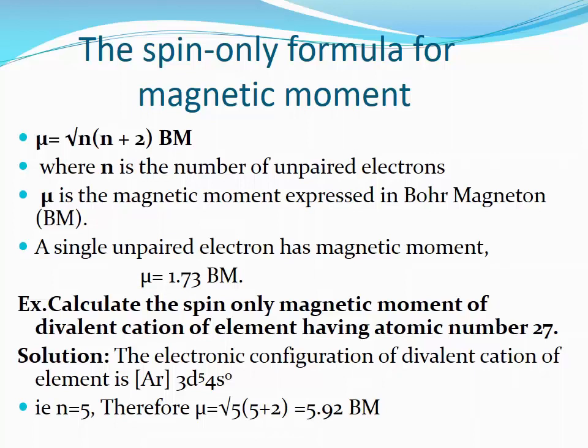The number of unpaired electrons is equal to 3, that is the value of n is equal to 3. Therefore, putting this value in the formula, mu is equal to under root 3 into 3 plus 2, which is equal to 3.87 Bohr magneton. Therefore, effective magnetic moment mu is equal to 3.87 Bohr magneton.